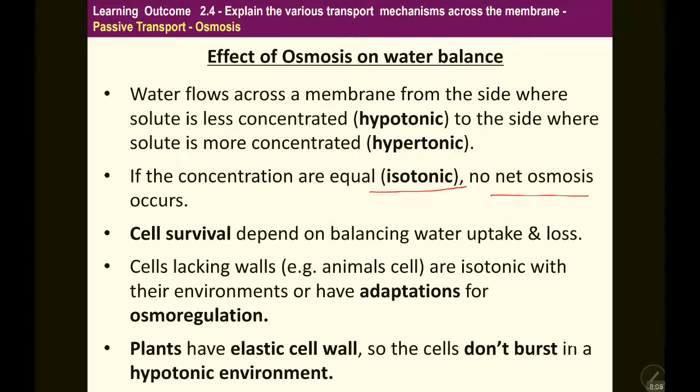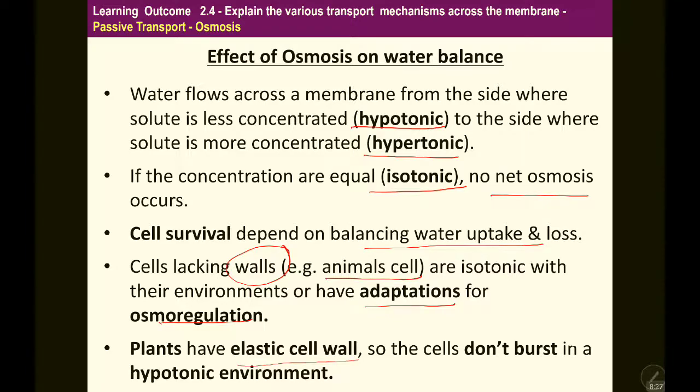Water always moves from hypotonic to hypertonic solution. The cell will survive based on balancing of water uptake and loss. For cells which do not have a cell wall, for example animal cells, they usually adapt themselves by using some osmoregulation mechanism.